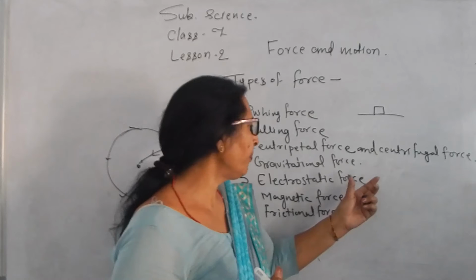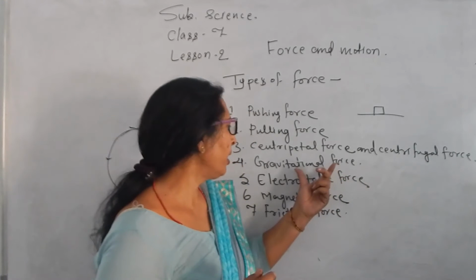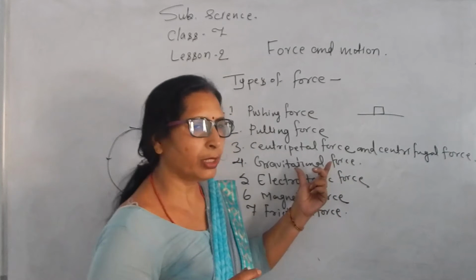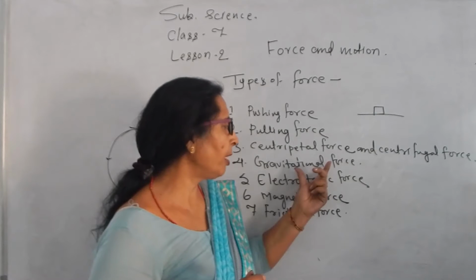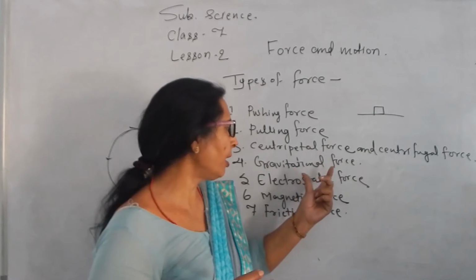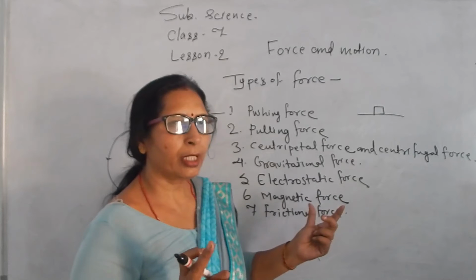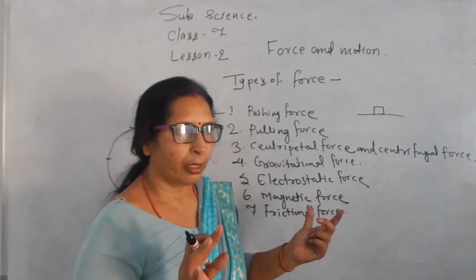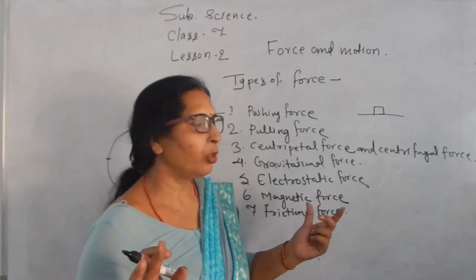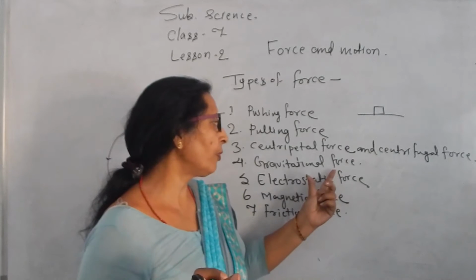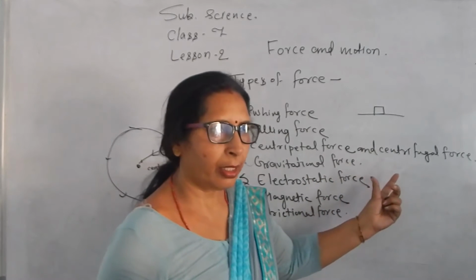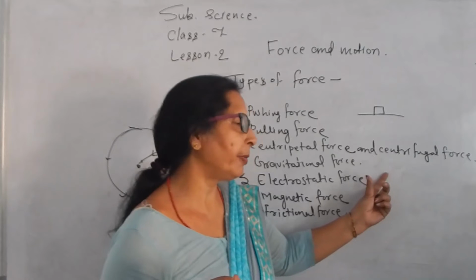So here you see what gravity is: the force by which a body is attracted towards the earth. Gravitation is the force between two bodies in the universe, called gravitational force, or simply gravitation.